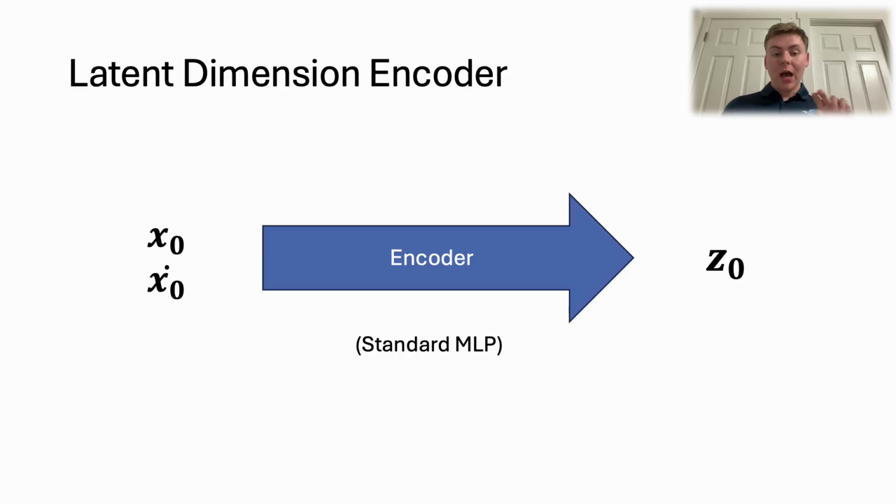Things such as drag, thrust, and many other things. Therefore, we need a latent encoder. We need to be able to take our position and our velocity and translate it into a higher dimensional state that will provide a bit more information to our NeuralODE about its initial flight path. And the way I'm doing that is I just used a standard multi-layer perceptron to generate that latent space.